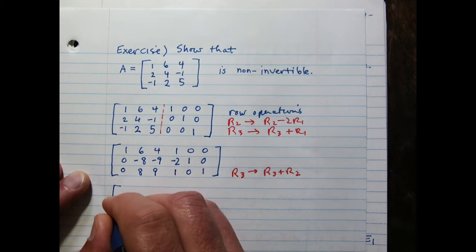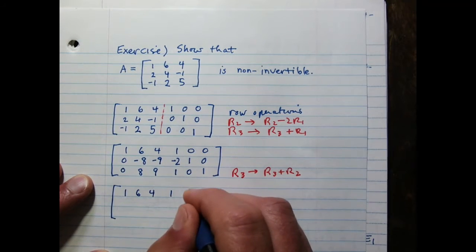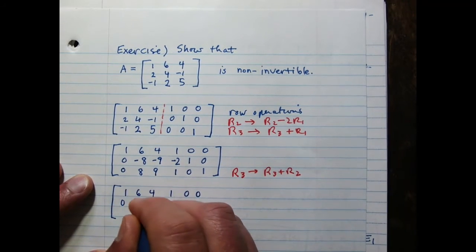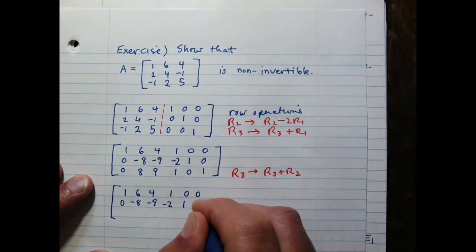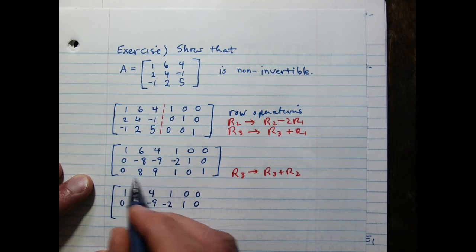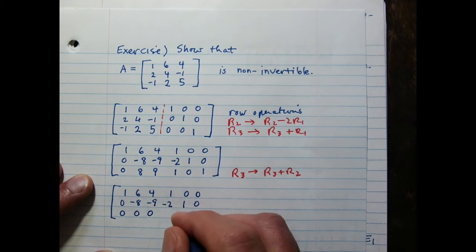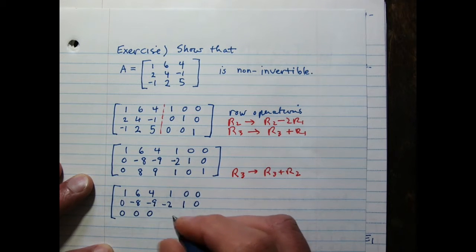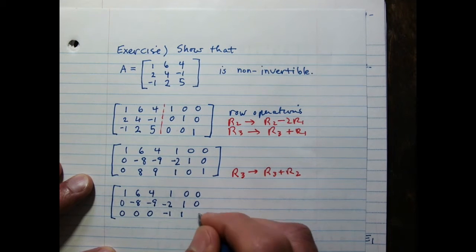Not worry about the pivot right away. 1, 6, 4, 1, 0, 0. 0, negative 8, negative 9, negative 2, 1, 0. And what I'm going to get here, if I add row 2 to row 3, I get 0, 0, 0. I'm going to get negative 1, 1, 1.